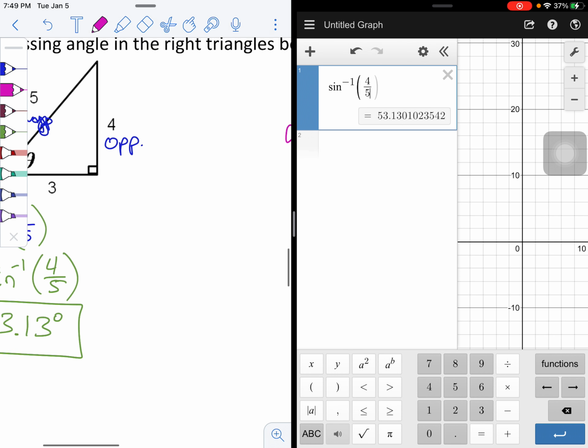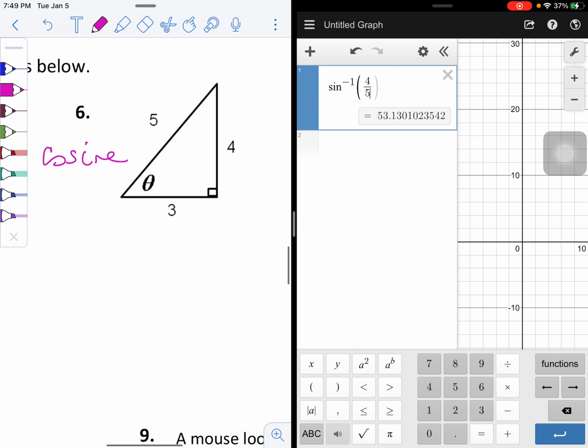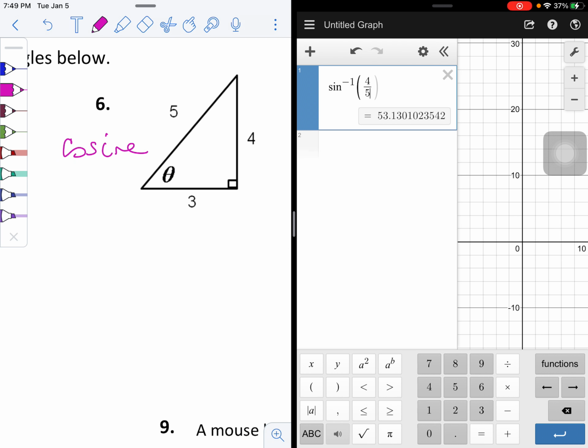I'm going to go ahead and slide over. Let's say you're going to do cosine. Well, cosine is going to use this angle, and then we're going to talk about adjacent and hypotenuse. So we would have the cosine of theta is equal to adjacent over hypotenuse, so 3/5.